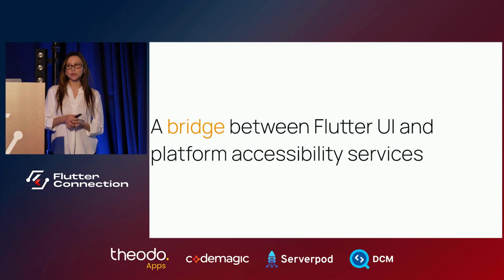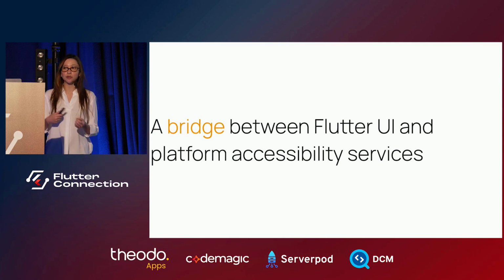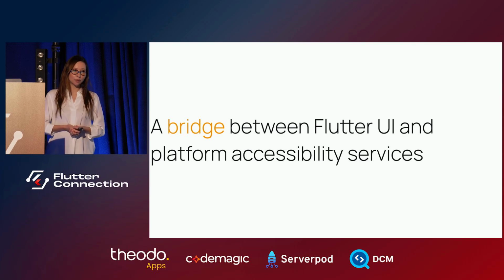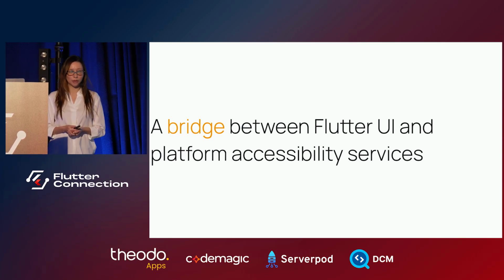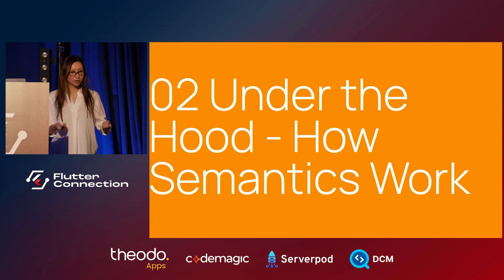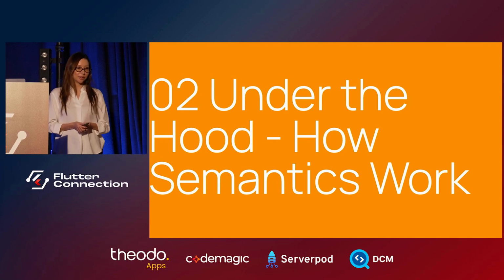Without it, screen readers can't describe your app meaningfully, which is quite unfortunate for those users. It's basically what makes a button a button and not just random pixels on the screen.